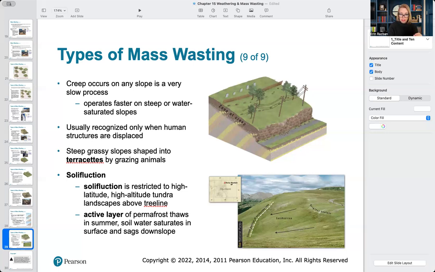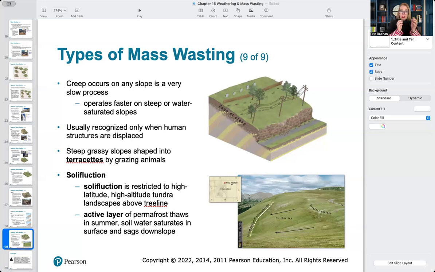In the tundra region, so in our northern regions, a special form of creep is called solifluction. And this produces a distinctive surface appearance. During the summer, the near-surface portion of the ground will thaw, and this is in areas where we have permafrost. But the meltwater from that thawing cannot percolate deeper because of the permafrost below.